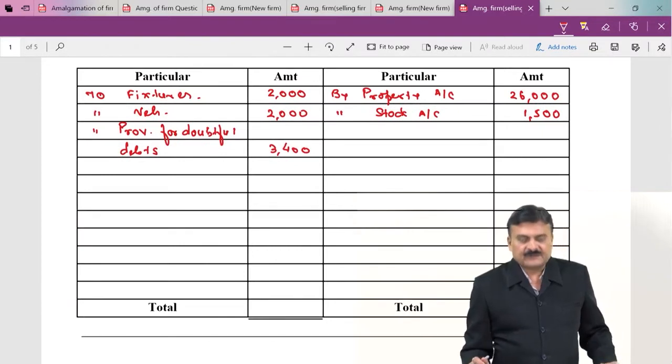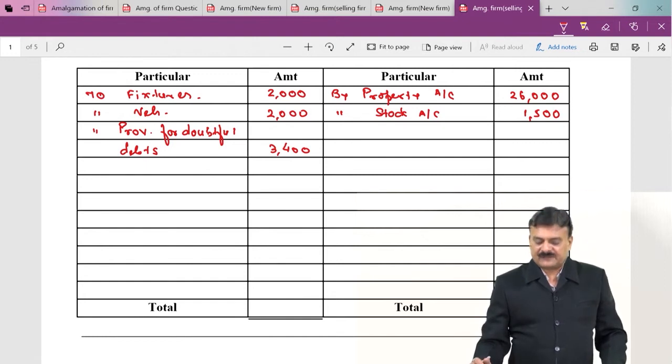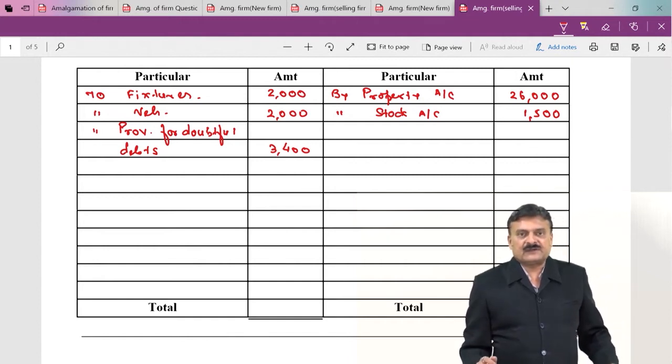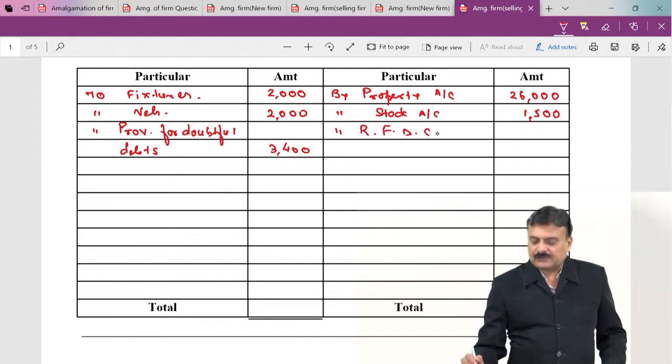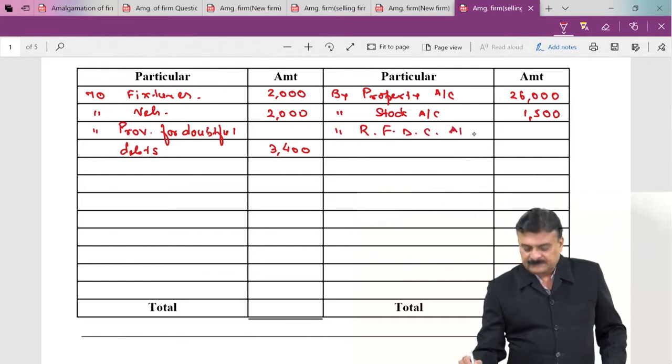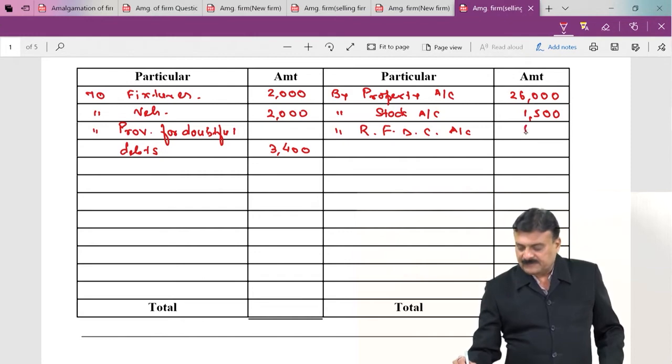Same adjustment says reserve for discount on creditors is 2.5%. Creditors are 52,000. When you calculate 2.5%, it comes to 1,300 rupees. It is a gain. So, credit side, by reserve for discount on creditors. On 52,000, 2.5% will be 1,300.